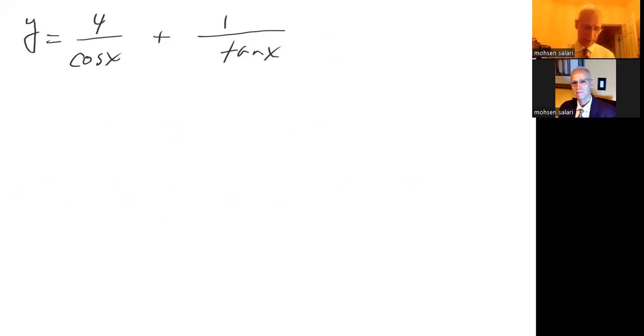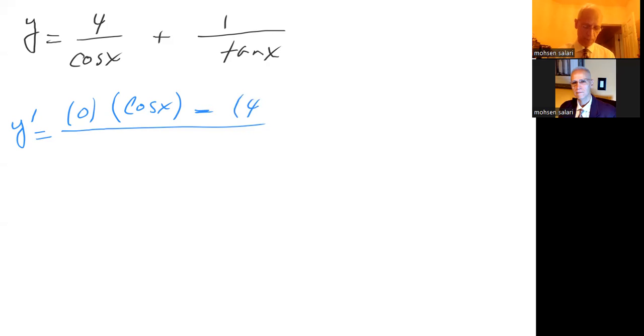So y prime equals derivative of top, which is 0, derivative of 4 is 0, times the denominator cosine of x, minus the top untouched times the derivative of the denominator, which is minus sine of x, all over cosine of x to the second power.